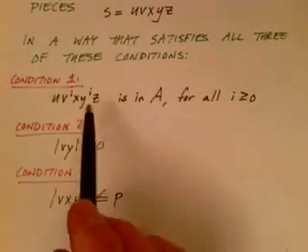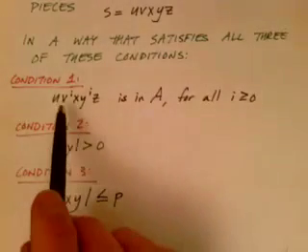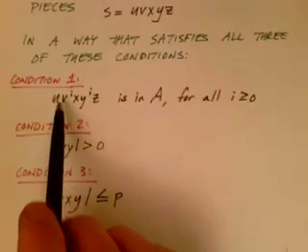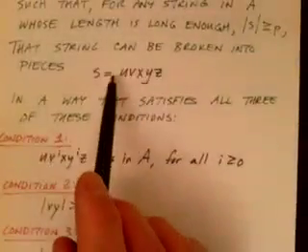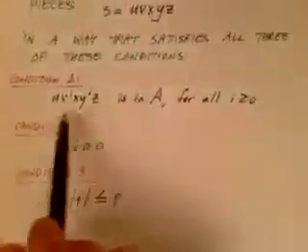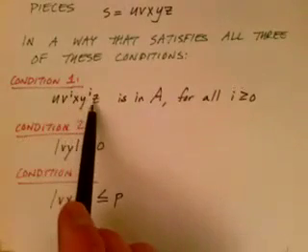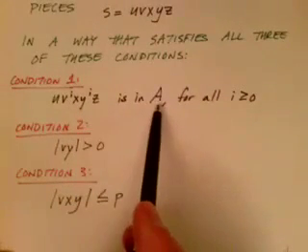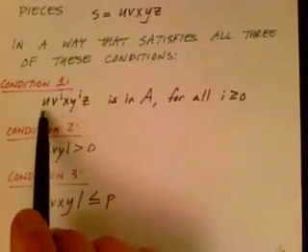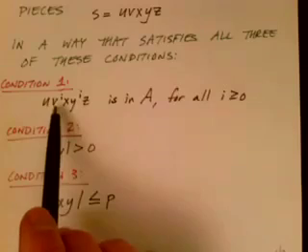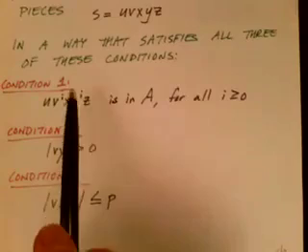Okay, the first condition is the main pumping condition, the one we're interested in primarily, and it says that not only is the string UVXYZ in the language, but also any string of the form U, V to the i, X, Y to the i, Z is also in the language, including i equals 0, which means the string UXZ is in the language. When i is 0, V and Y disappear.